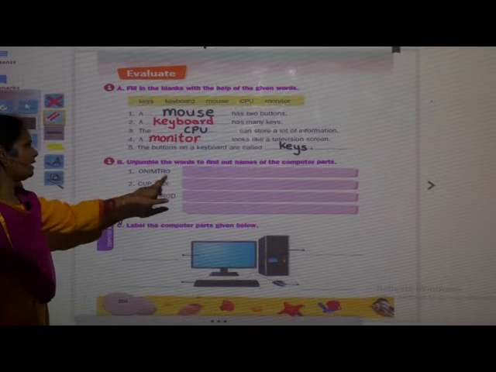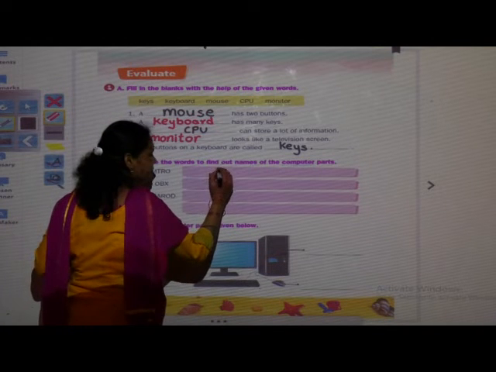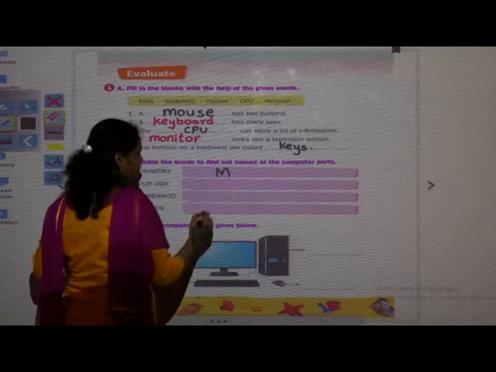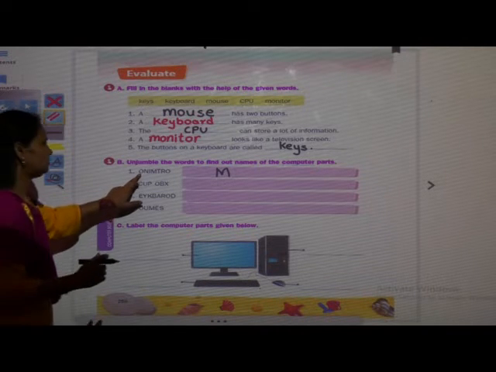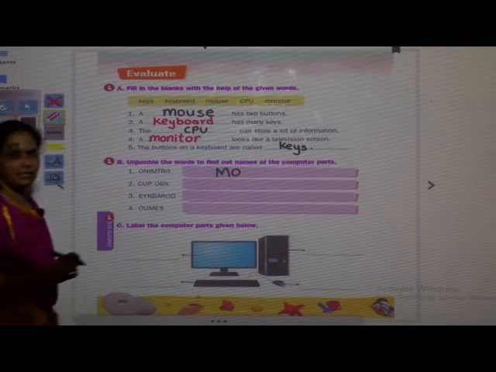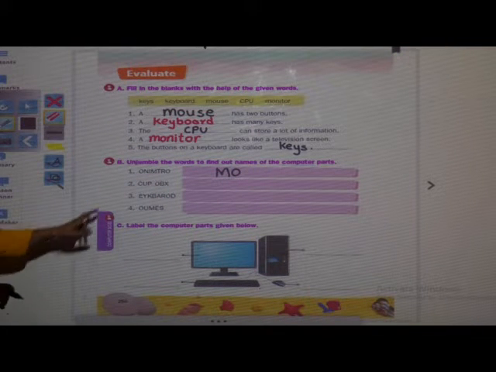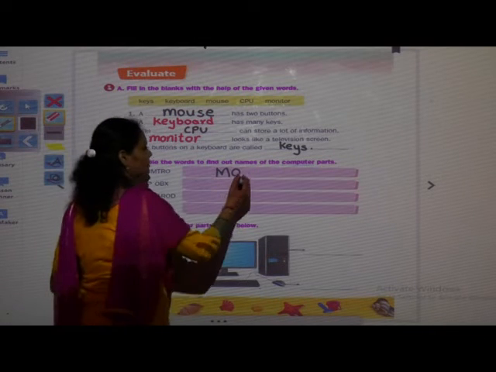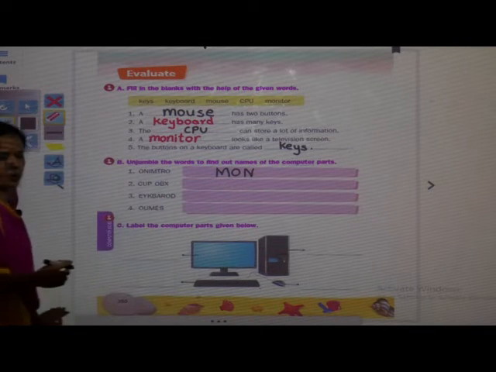M. Can you find your M? Yes, it is. So write here capital M. Next, O. Can you find O? Yes. Next, N. Can you find your N? Yes, N. Next, what will come?